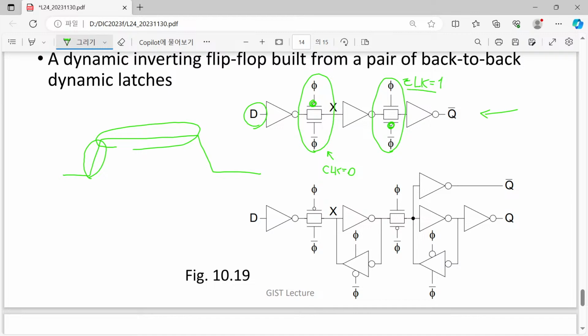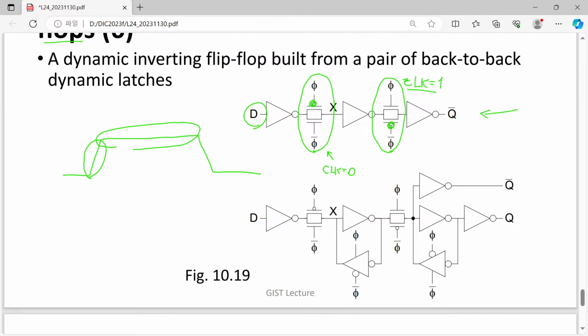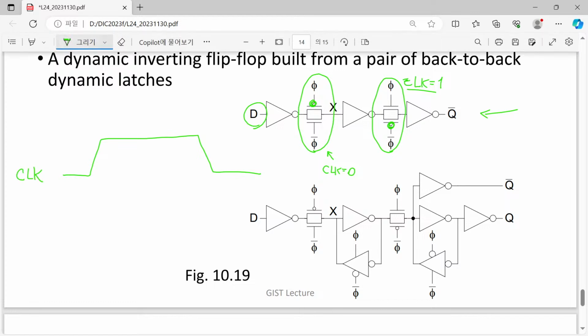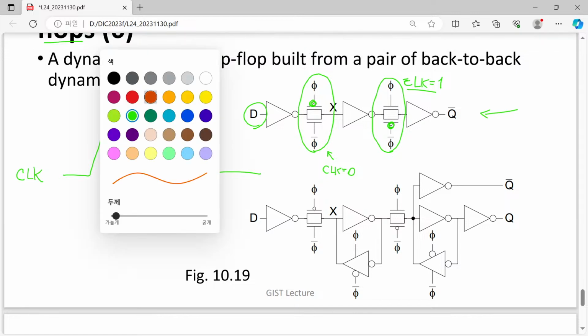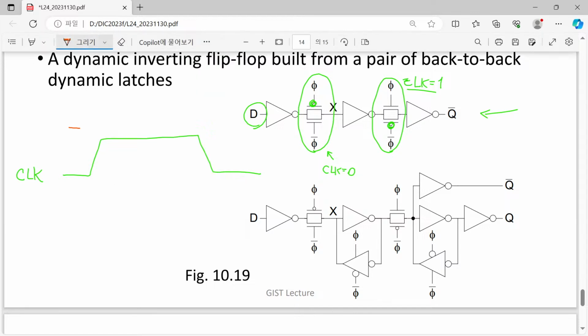This is the case. So you know that. Now think about this one. We have one signal, the clock signal. Let's say that this is a clock signal, and we can also have another signal called clock bar.